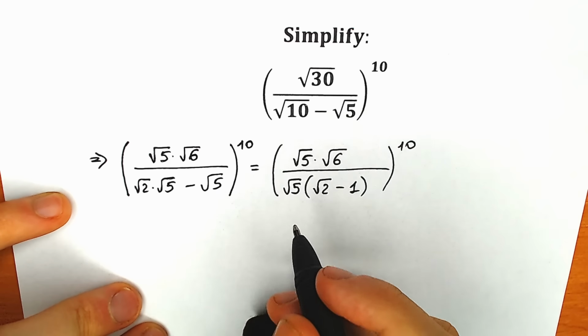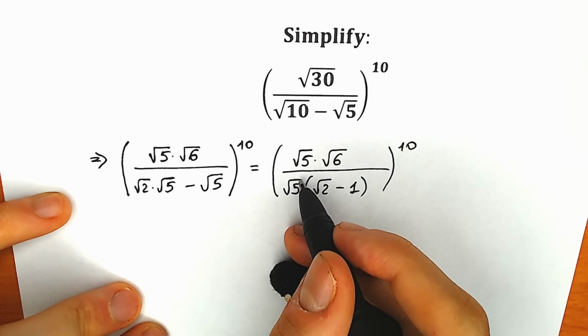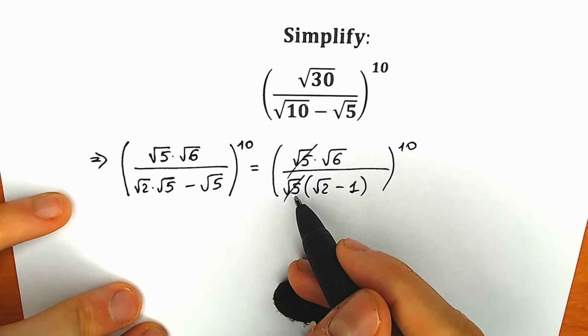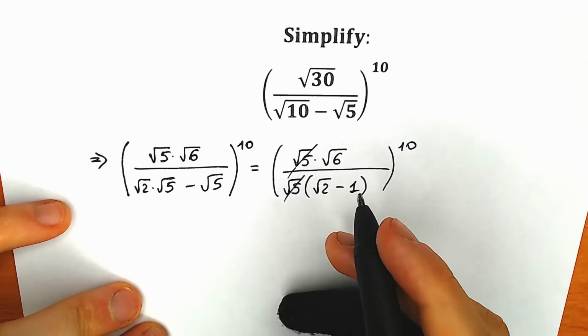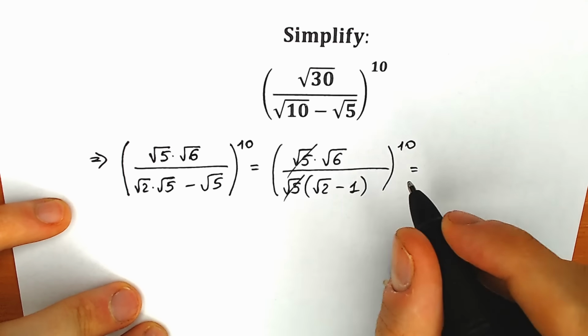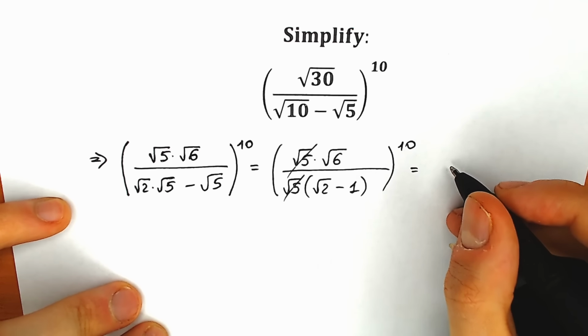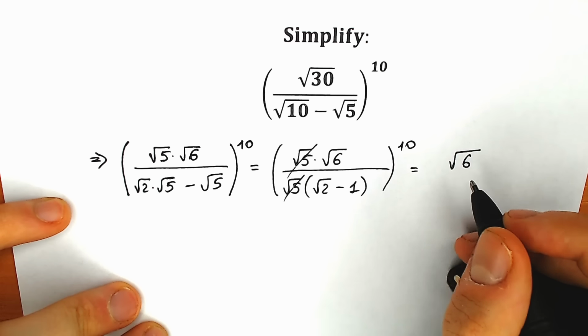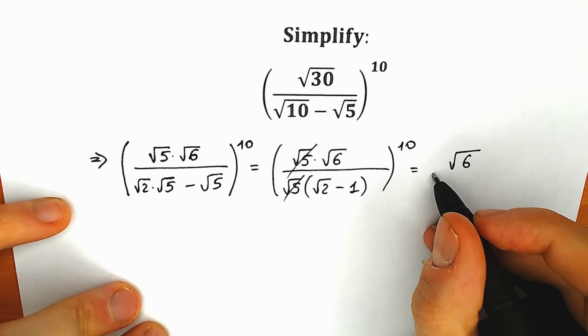Now we can easily cancel this square root of 5. As a result, we have only square root of 6 in our numerator, and in our denominator, square root of 2 minus 1 raised to the power 10.